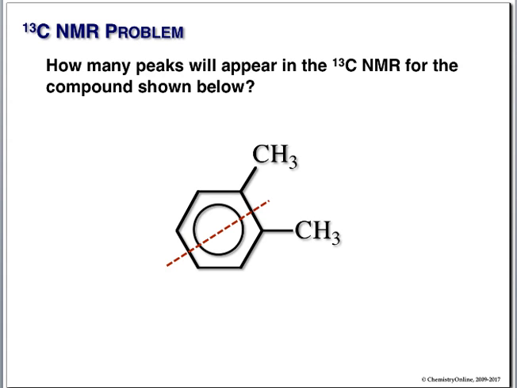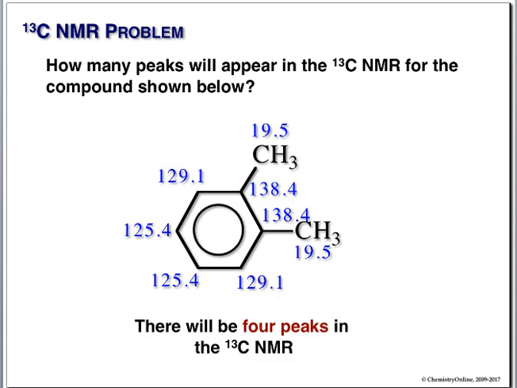There's our plane of symmetry. This is going to be 1 unique carbon. That's 2. That's 3. Our methyl groups are identical, so a total of 4 peaks in the NMR. Our methyls at about 20, 138, 129, and 125.